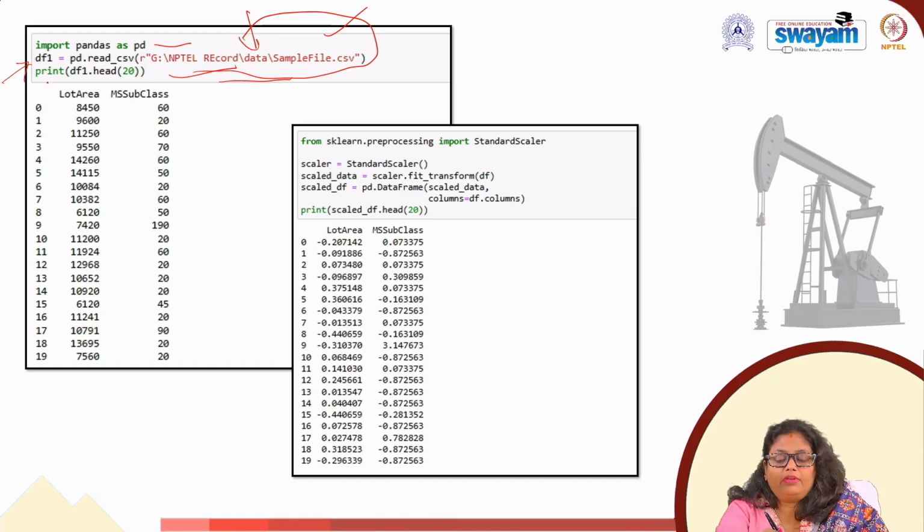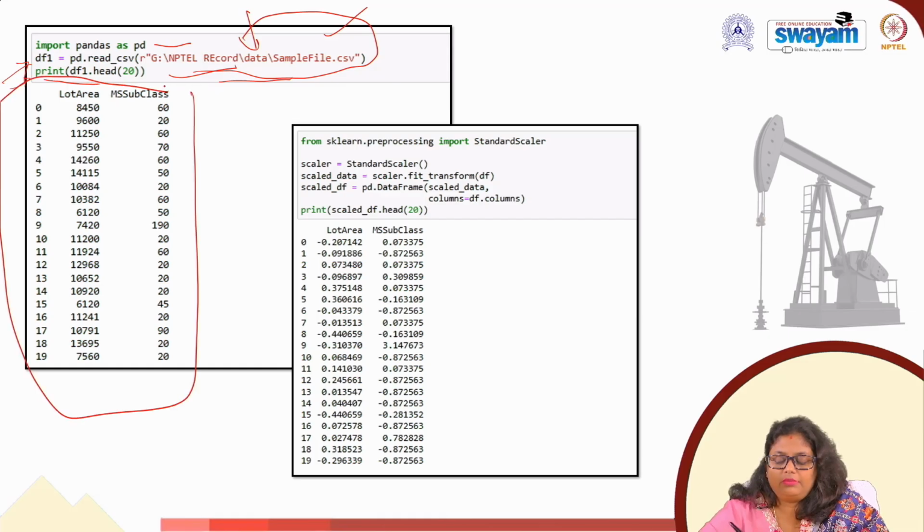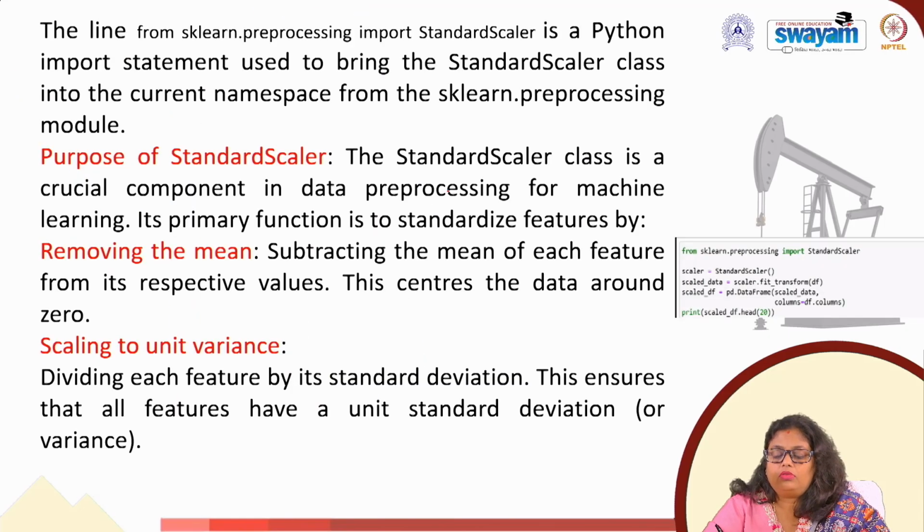If you want to see the top 20 records, we use df1.head(20) and print it. Now we apply the standard scaler on this data. The code is scaler equal to StandardScaler, then scaled data equals scaler.fit_transform, and finally we get the scaled data, with the 20 records shown. I will explain this.